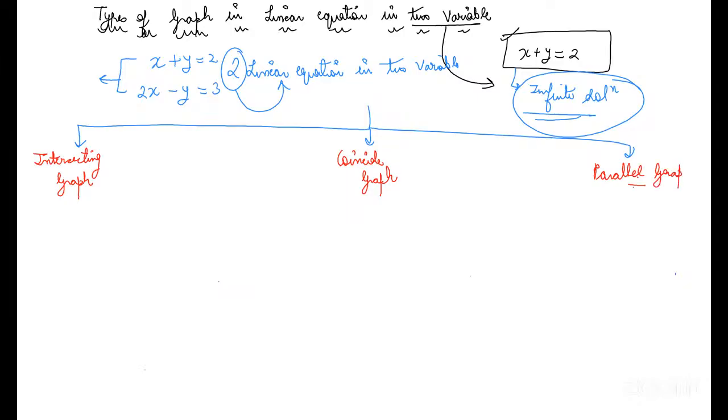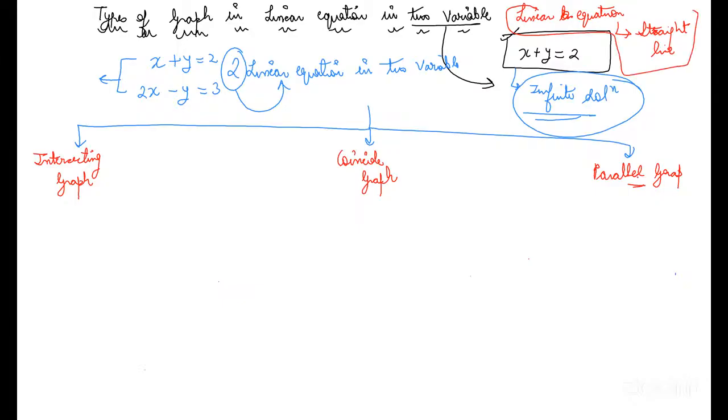Okay. We know that a linear equation always makes a straight line graph. If it is two variables, seven variables, or nine variables, any number of variables, it only makes a straight line graph.